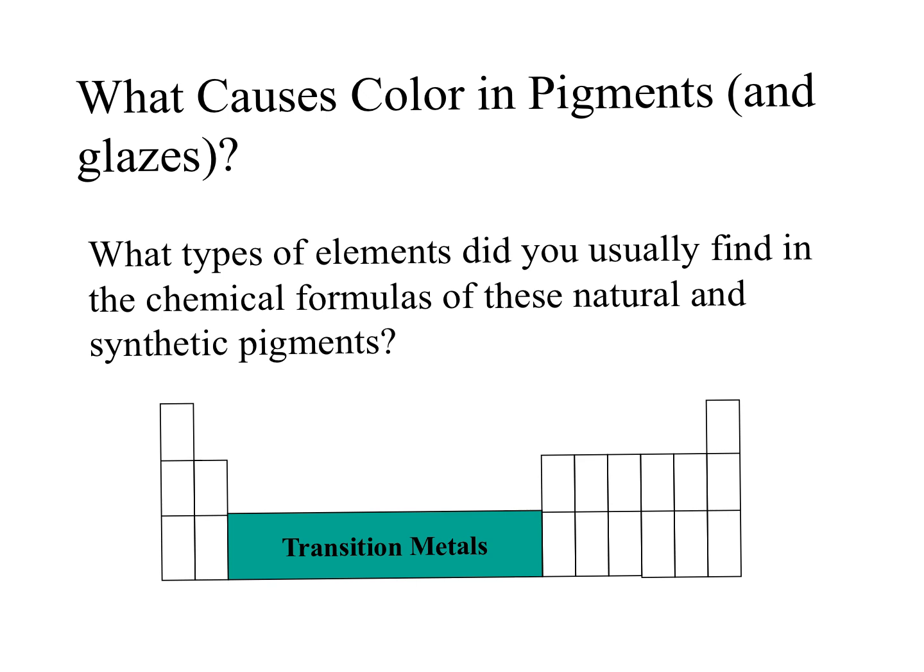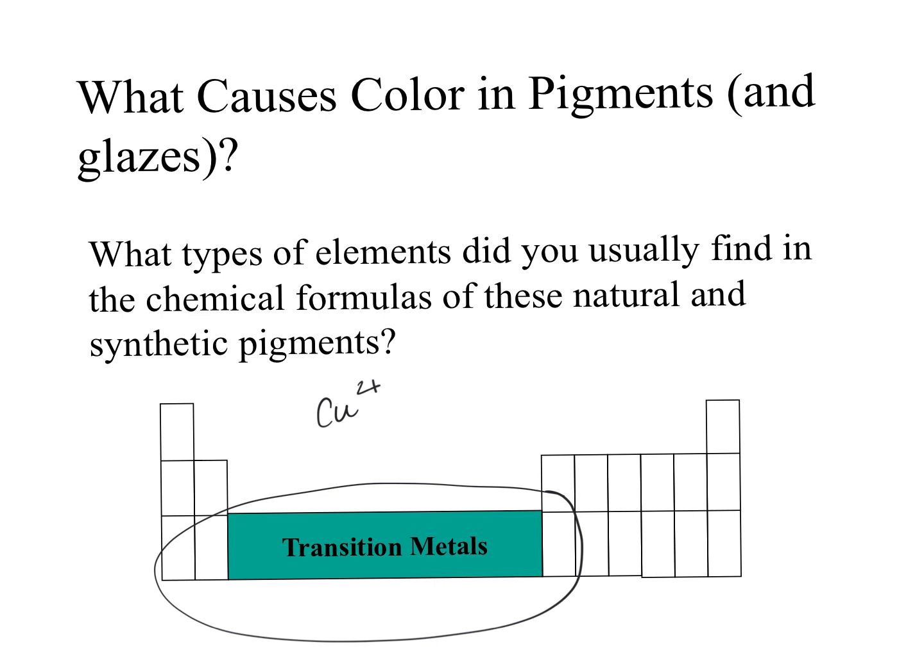And so, hopefully, at this point, you've asked yourself, what type of elements did you usually find in chemical formulas with these natural and synthetic pigments that we looked at previously, and then glazes? And my hope is that you noticed the trend where it was mostly transition metals. So it was things like copper, right? Copper 2 plus.